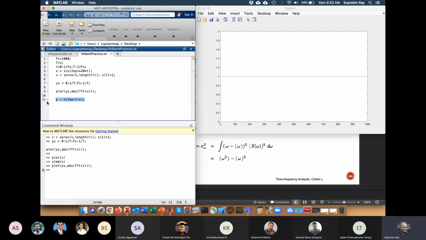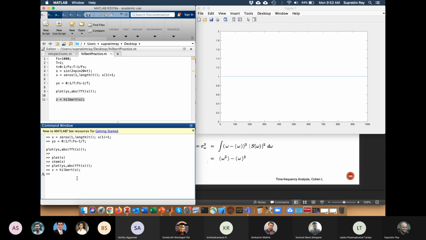Now I take the Hilbert transform and I plot the absolute value of Z. So now notice how it is changing here. Absolute value of FFT of Z. Let's first look at that. So this will be 2 here between 0 and 500, and then it's getting wiped out.